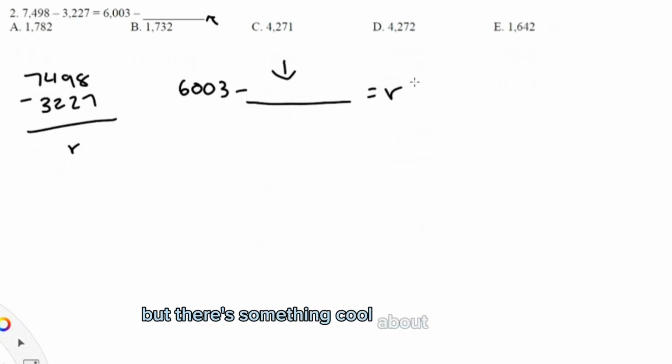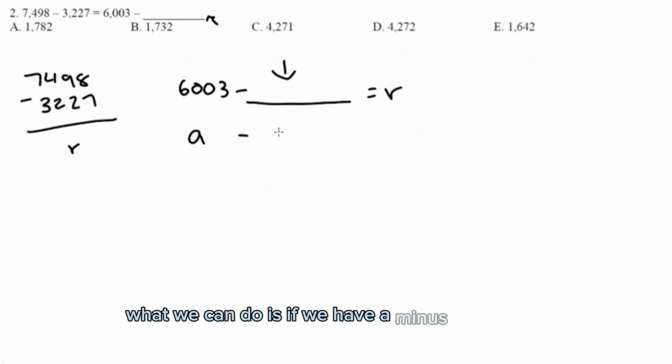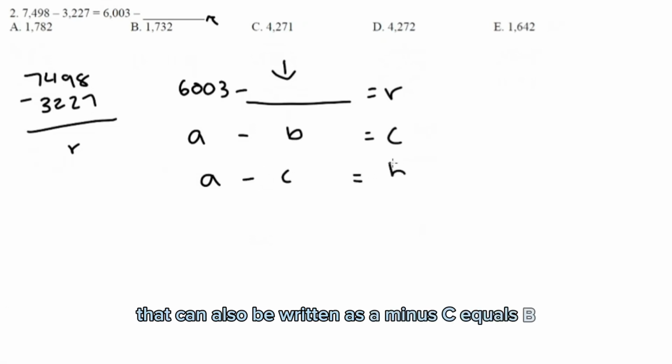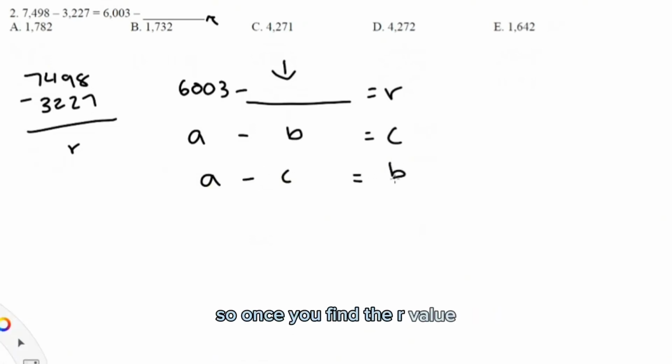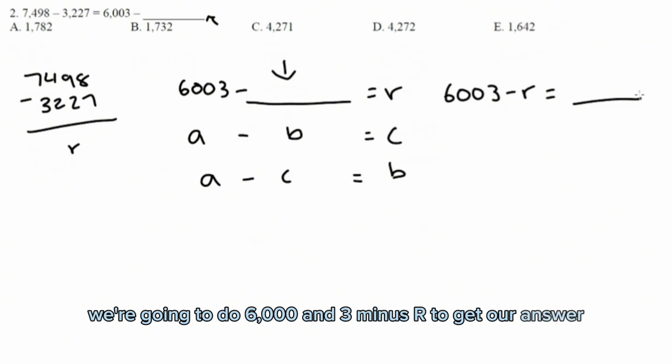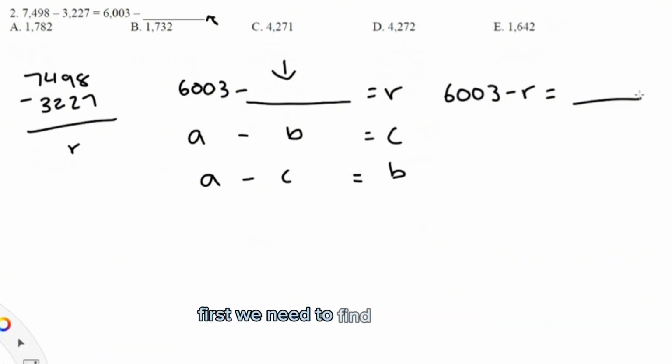But there's something cool about subtraction. If we have A minus B equals C, that can also be written as A minus C equals B. So once we find the R value, we're going to do 6,003 minus R to get our answer. Alright, so let's do it. First, we need to find our R value.